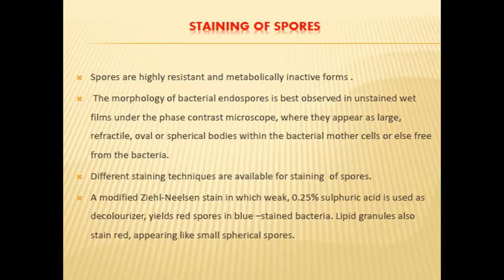a morphological characteristic developed in a bacterial cell whenever that bacterium faces an unfavorable condition. Whenever an unfavorable condition occurs, some bacterial species have the ability to develop the endospore.